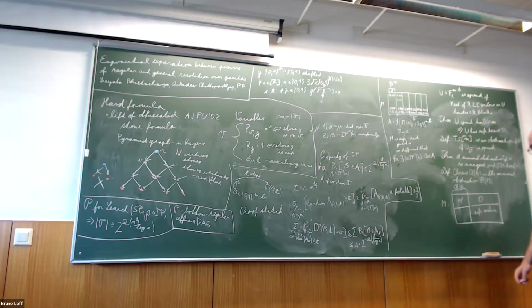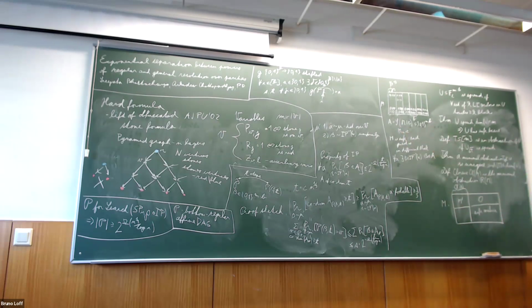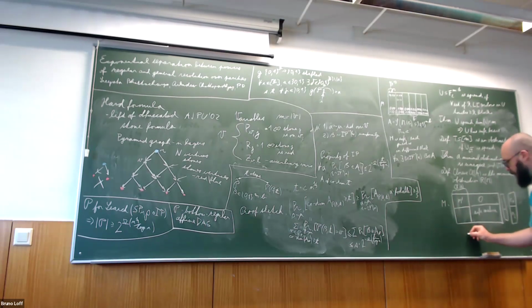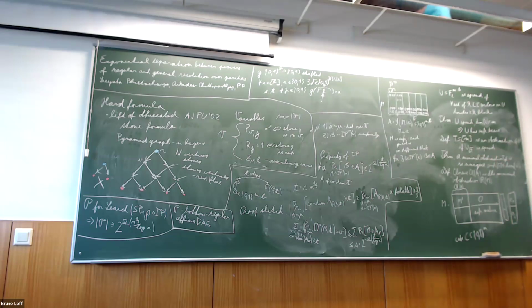So again, A is Mx equals c, maybe Mx equals c1, c2, right? So now you have a cube on n bits.